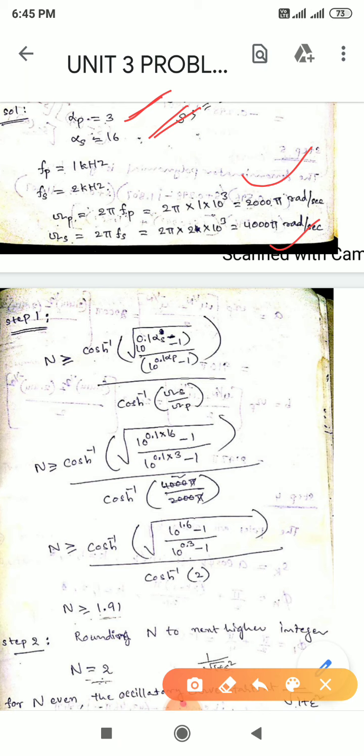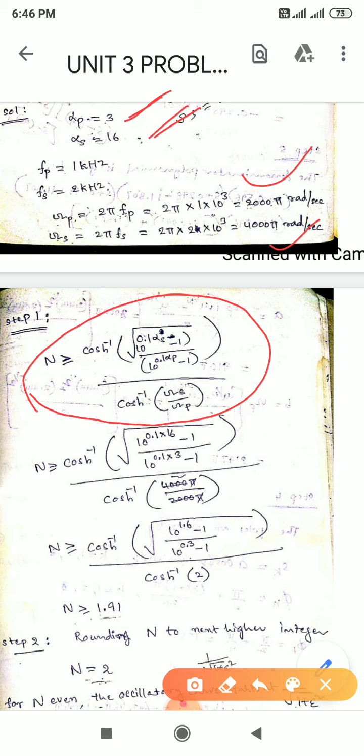By using this formula, N is greater than or equal to cosh inverse of square root of (10 power 0.1 alpha s minus 1) by (10 power 0.1 alpha p minus 1), whole divided by cosh inverse of omega s by omega p.